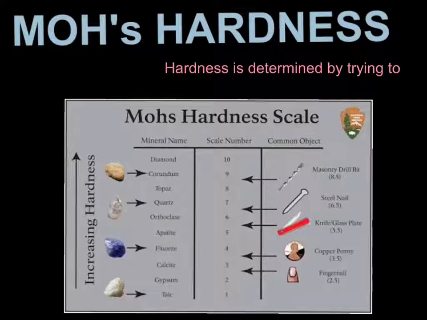However, if your fingernail doesn't scratch it, you could then try with the copper penny. If the copper penny doesn't scratch it, you'd then try with the glass plate. If the glass plate was able to scratch it, we'd know that it had a hardness of about 5.5, which means we're thinking it's probably one of these minerals sitting in here. I'll talk more about that in a moment when we're back together as a class.